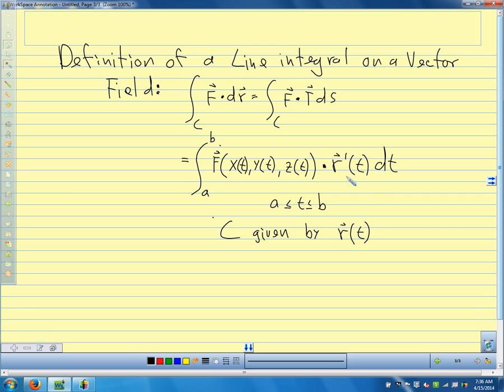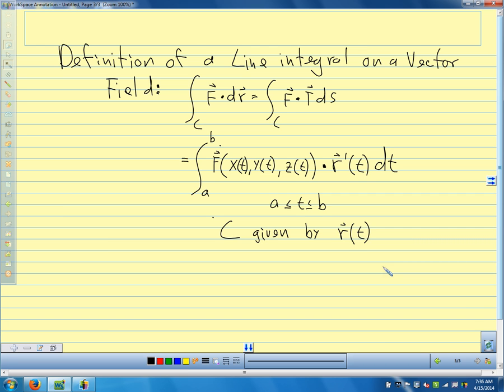So we contrast that with our scalar field, where we expressed our scalar function in terms of our parameters, and we multiply that by the magnitude of r prime times dt. So now we have a way to evaluate a line integral on a vector field.